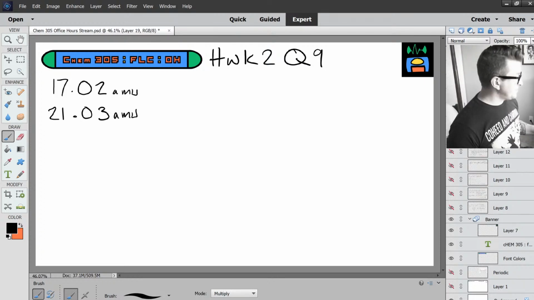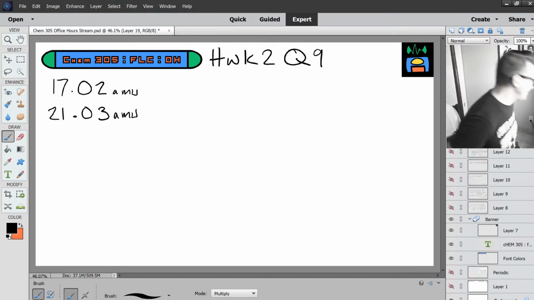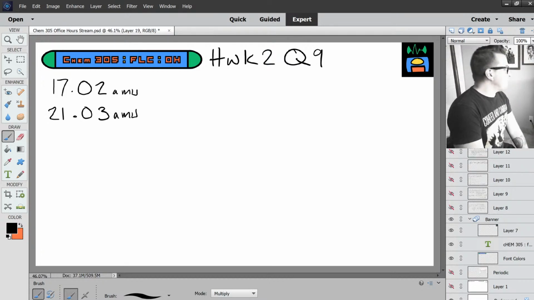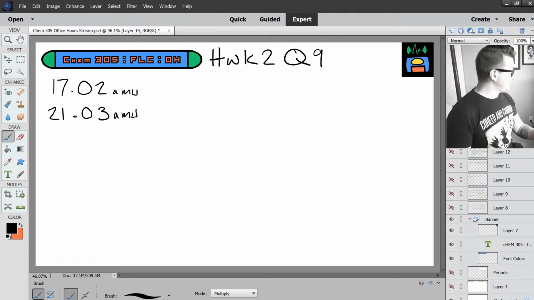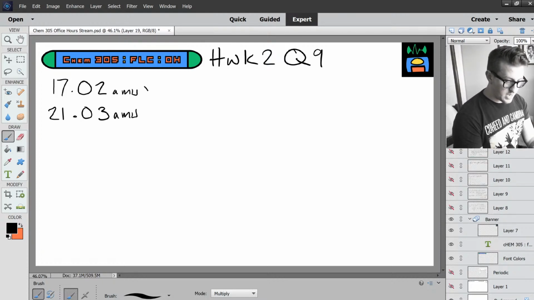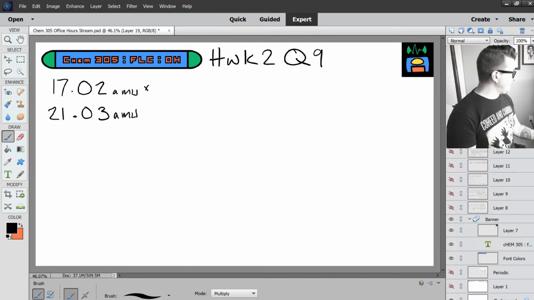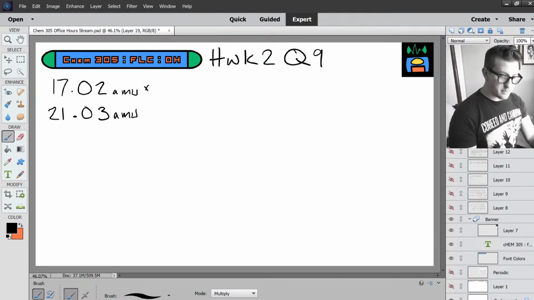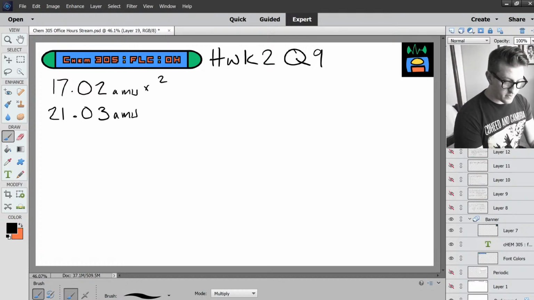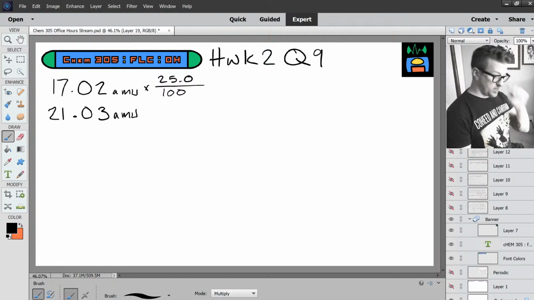Okay, so let's... All right. So these are 2 masses, right? Now let's look at the percents. So the one with the mass of 17... Oh, cancel that. Has a mass of 25.0%. So we throw that over 100.